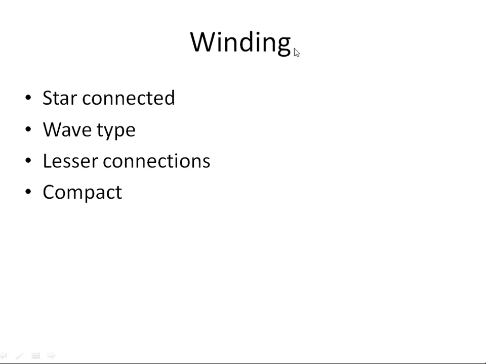By having this type of arrangement of the winding, the advantage which we get in the slip ring induction motor is that we can change the value of the rotor resistance, and with the change in the value of the rotor resistance we can have effective speed control, and also good starting characteristics. Specifically for the motors which are started using a rotor resistance starter, we generally use this slip ring type of induction motor.